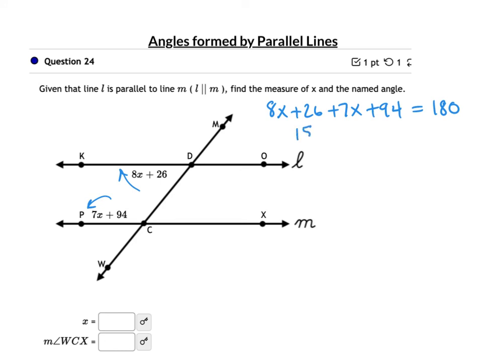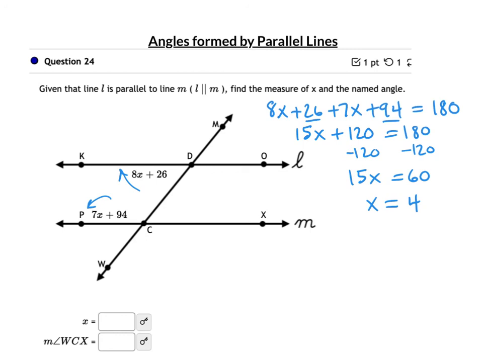That's 15x plus 120, that 26 plus 94 I'm simplifying, equals 180. I'll subtract 120 from both sides, and 15x will equal 60. And I'll divide both sides by 15, and I get x is 4.